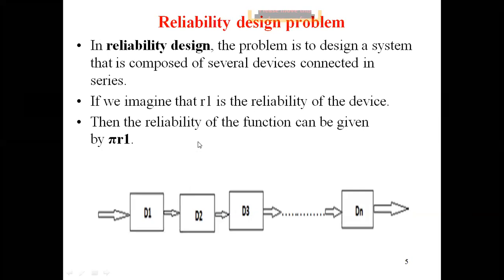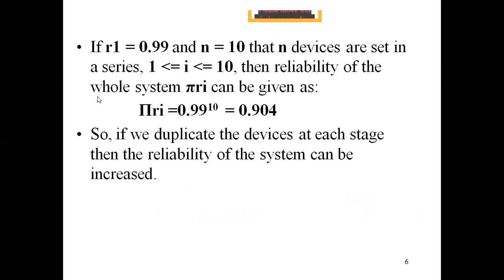Now consider, if R1 is equal to 0.99 and n equal to 10, that n devices are set in a series. If there are n number of devices and we are placing these n devices in a series fashion already shown in the figure, so each one is 0.99.